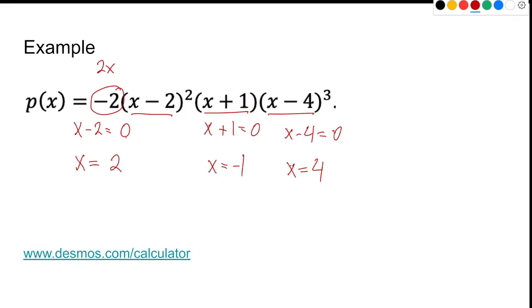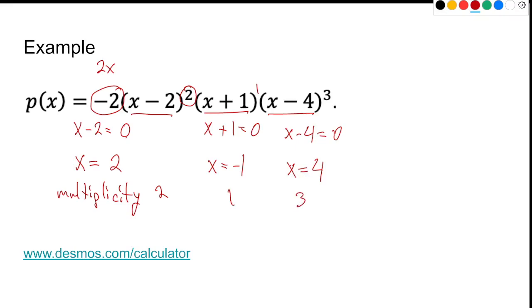Now, from what we talked about, each of these zeros has a different multiplicity. This has a multiplicity of 2. So yes, I just put it here. This would be 2. This one has a multiplicity of 1, and the last one has a multiplicity of 3.